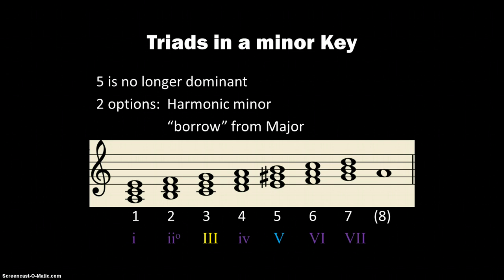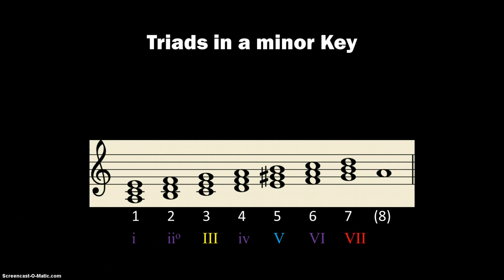Okay, so again, the first time we had 1, 5, 1 all minor chords, and then 1, 5, 1 with a major 5 chord. Makes quite a bit of a difference there.